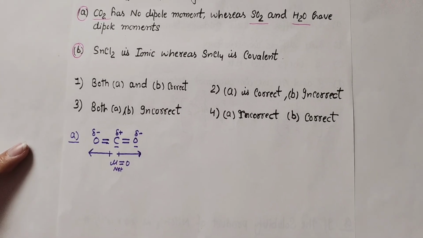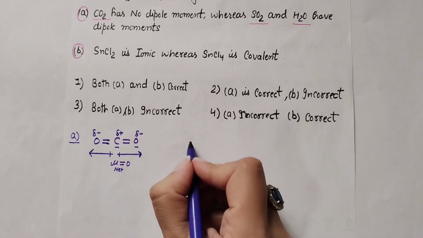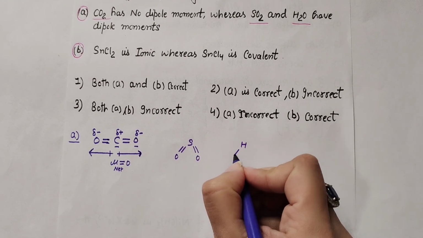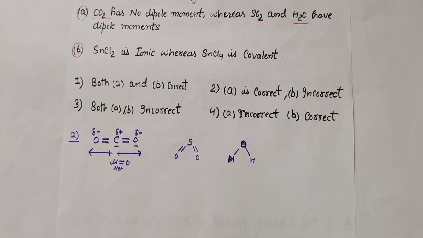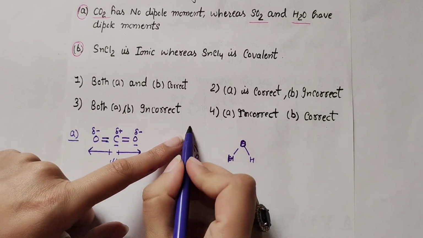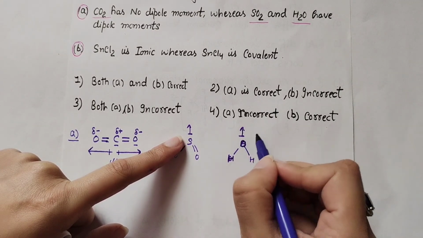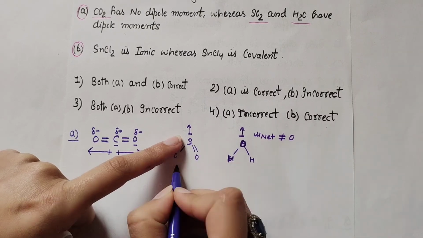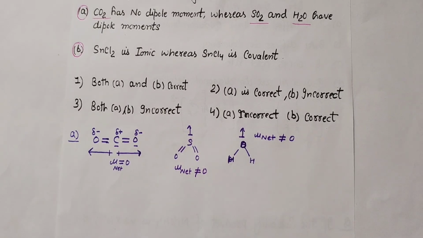On the other hand, SO2 and H2O do not have this type of linear structure. They have a bent structure like this. Water also has a bent structure, with oxygen and H and H. In these, the dipole moments combine and give a net resultant dipole moment, which is not equal to 0.